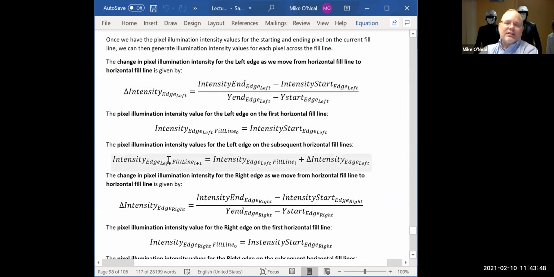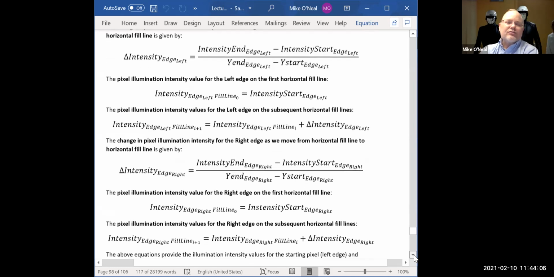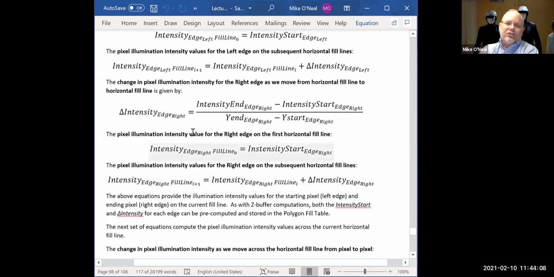How do you change the intensity at each edge? Well, you just take the intensity of the previous fill line and add to it the delta for that edge, and that gives you the intensity for that edge, left in this case, at the next fill line. You've got the same 3 sets of equations for the right edge.